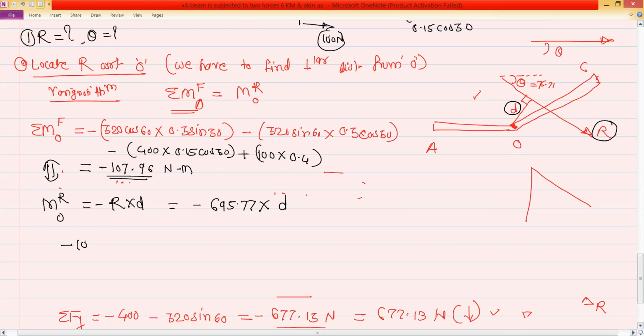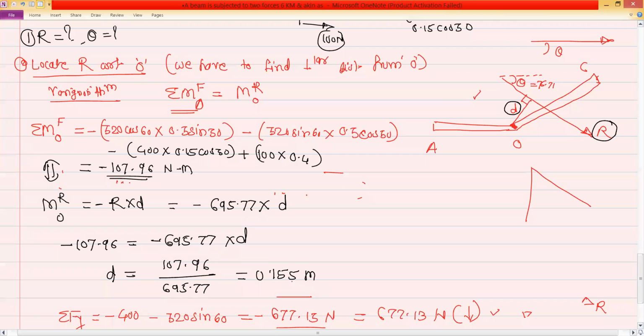So minus 107.96 is equal to minus 695.77 into D. So D is equal to 107.96 divided by 695.77, which is equal to 0.155 meter. So this is the perpendicular distance.